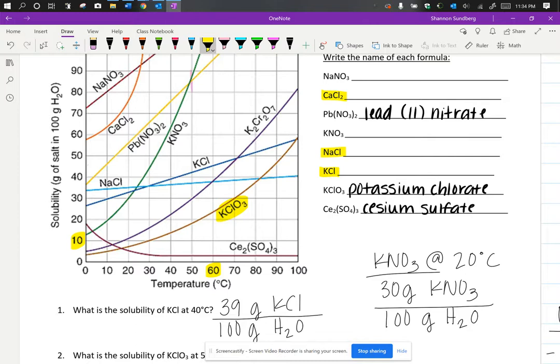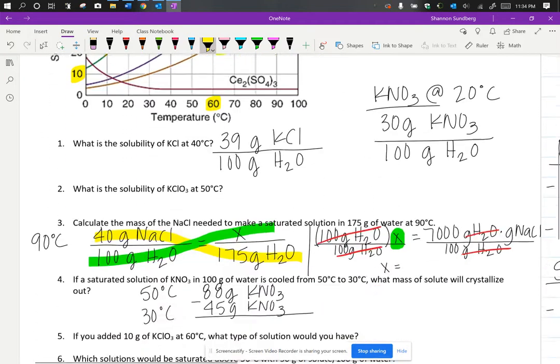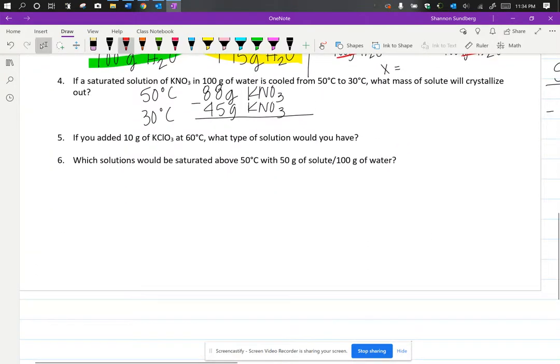Well, if you are underneath the line, not touching it at all, below the line means, for any of these lines, unsaturated. Above the line, at the line and above, means saturated, and that's really important. So I'm going to write that down here in red.